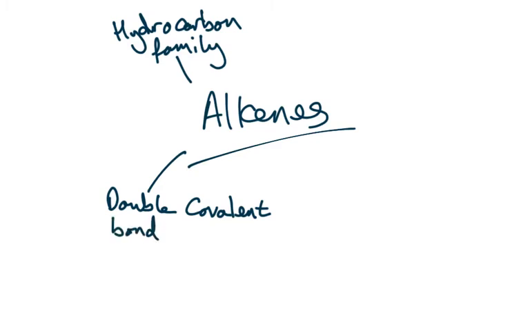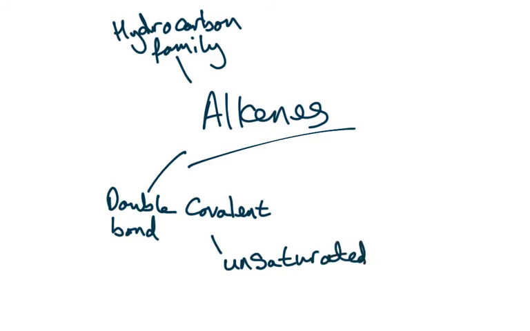Now this means that our alkenes, they are more reactive than alkanes. We'll come on to this in another lesson. But what this means is that we haven't got the maximum number of hydrogens attached. We could, in theory, break half of that double bond and attach a few more hydrogens. And therefore we say that the molecule is unsaturated.